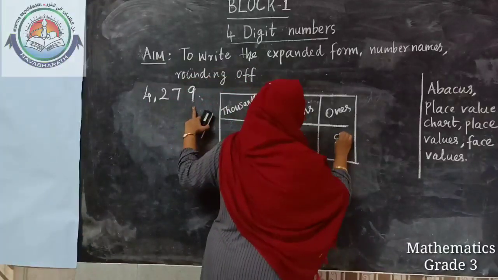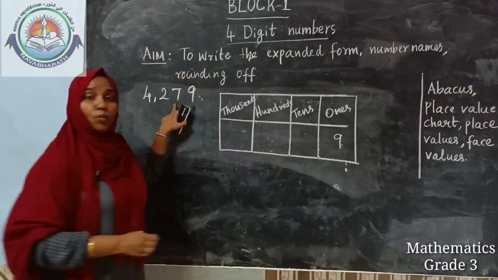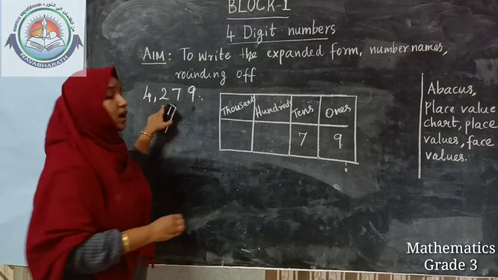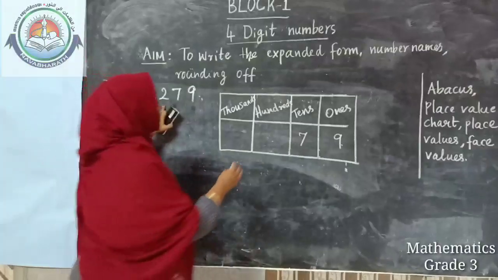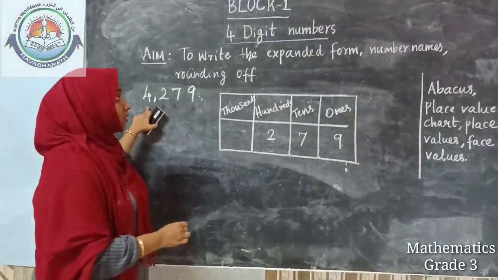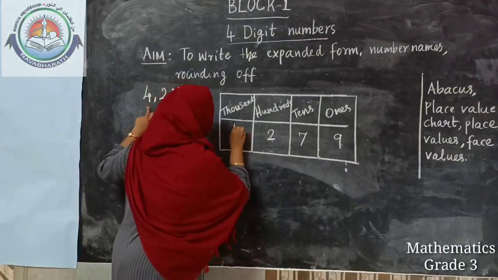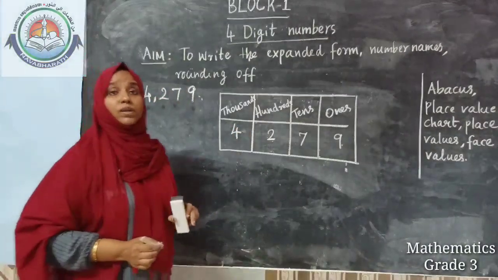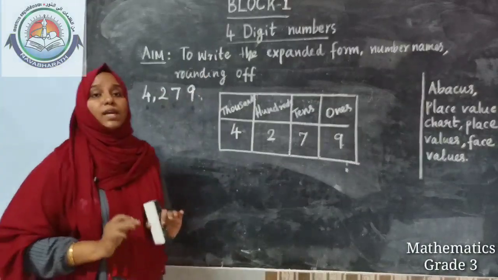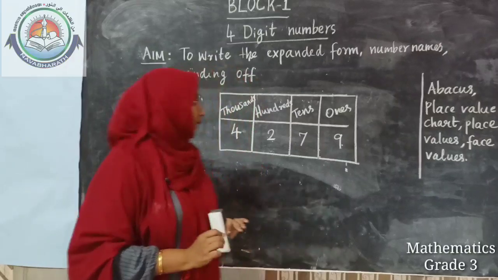There are 9 ones. And how many tens are there? 7 tens. Then how many hundreds are here? 2 hundreds. And how many thousands are here? 4 thousands.